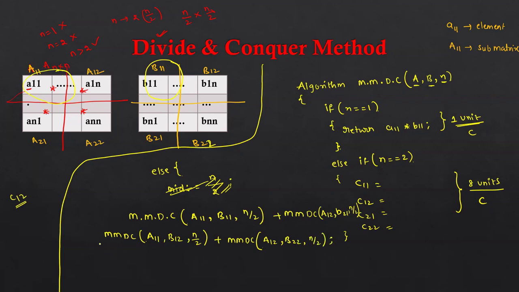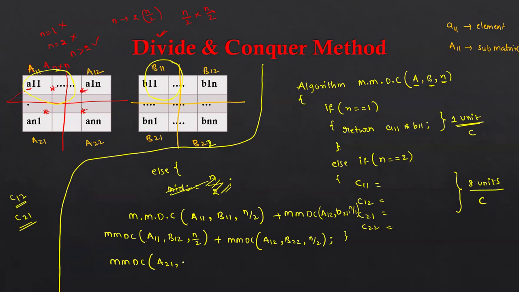Next, how can I know the C21 submatrix? Matrix multiplication of divide and conquer method of A21, this one is multiplying with this column.